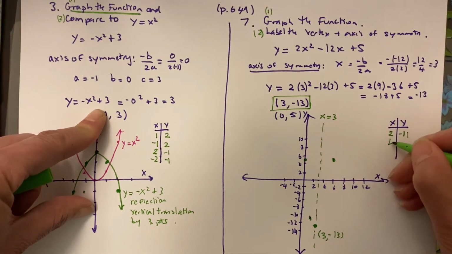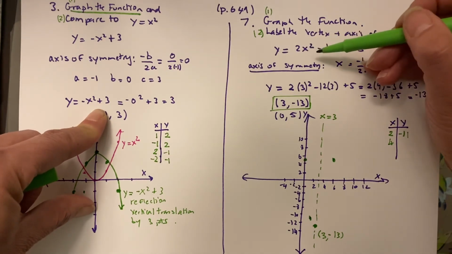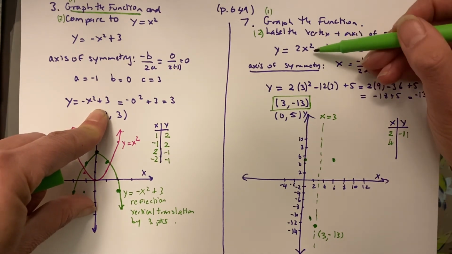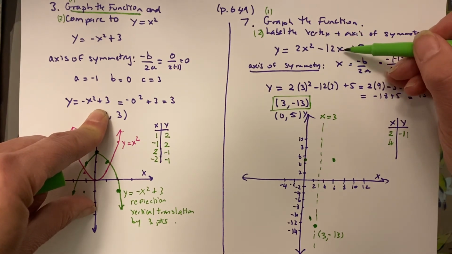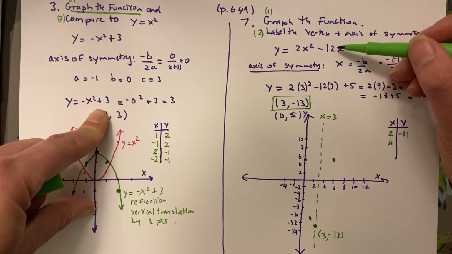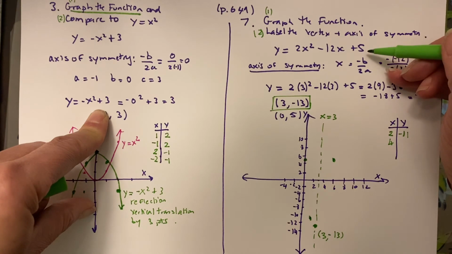Let's see if 4 gives us the same number. 2 times 4 squared, so that's 2 times 16, which is 32, minus 12 times 4, which is 48.